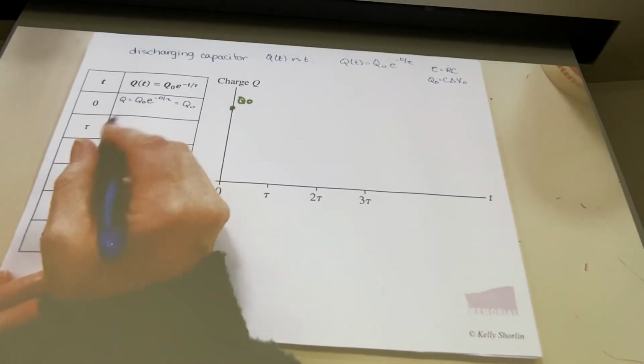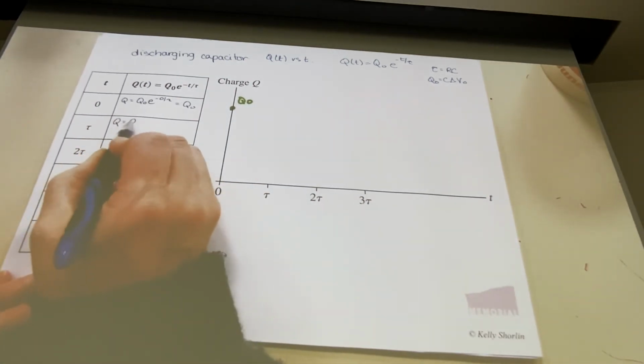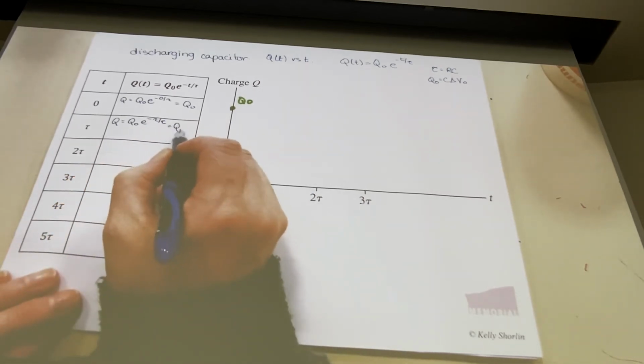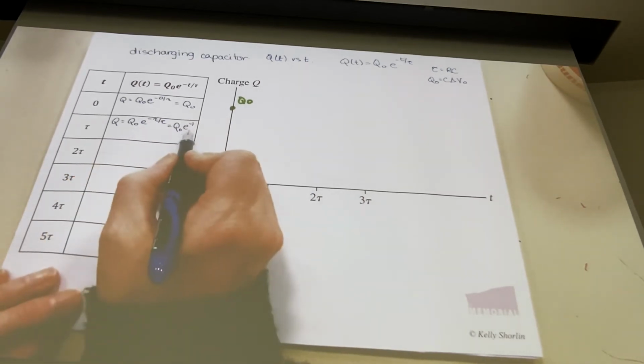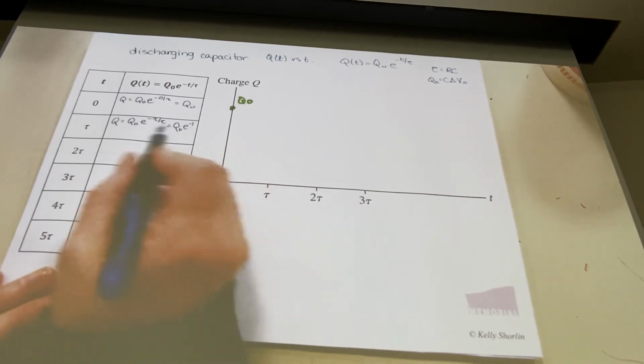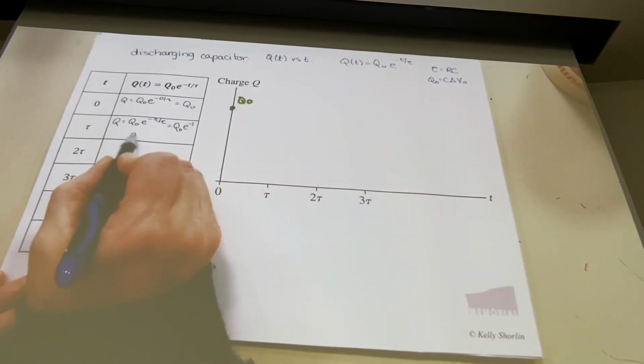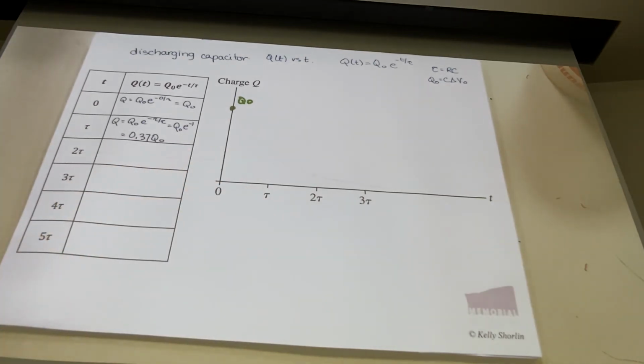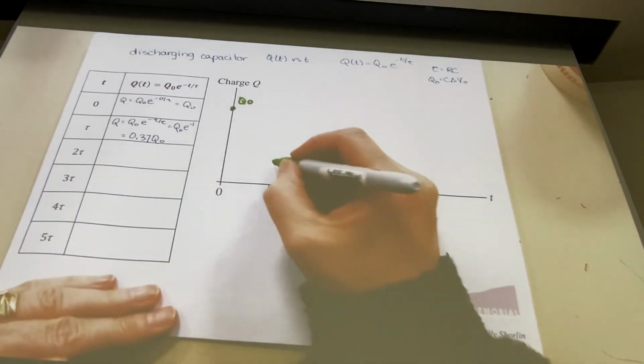At t equals 1 time constant, Q is equal to Q0 e to the minus tau over tau, or Q0 e to the minus 1. E to the minus 1, if you do that on your calculator, you should get 0.37. So we've decreased to 37% after 1 time constant.